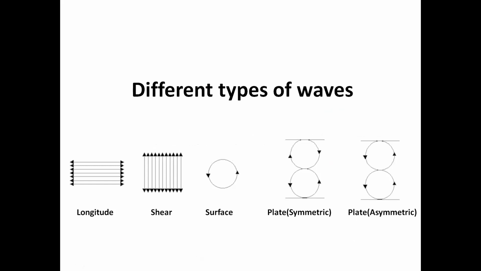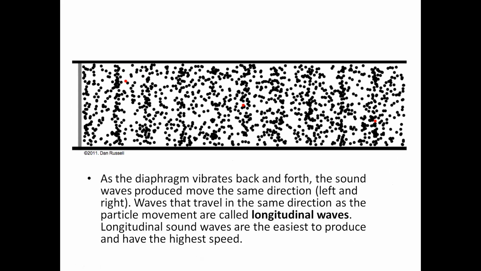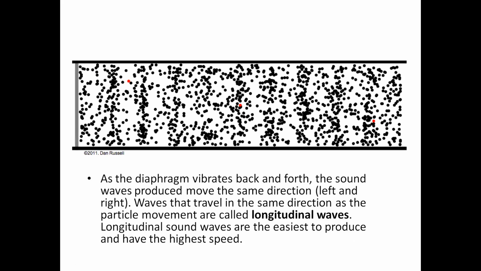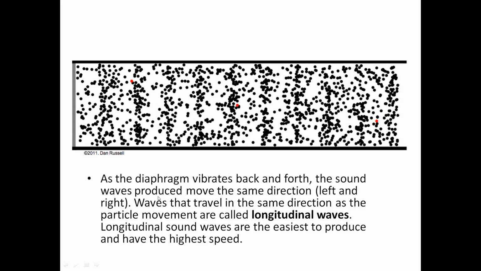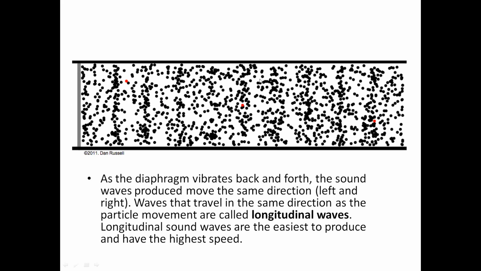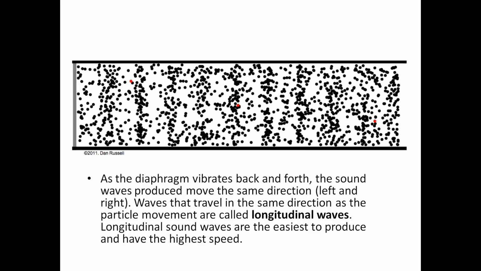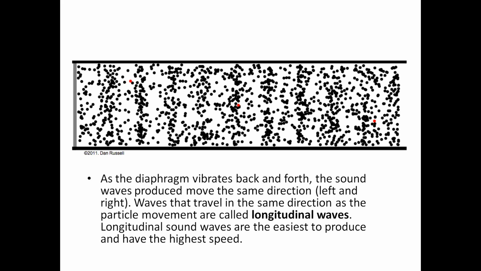These are the various types of ultrasonic waves which are being implemented in our theory. It is the rotation of these singular functions. Here I have written: the diaphragm vibrates back and forth, so the sound waves produced move in the same direction. Waves that travel in the same direction, where the particle movements are parallel, are called longitudinal waves.